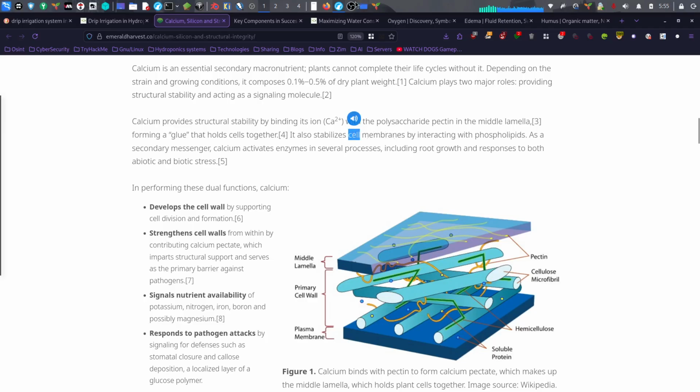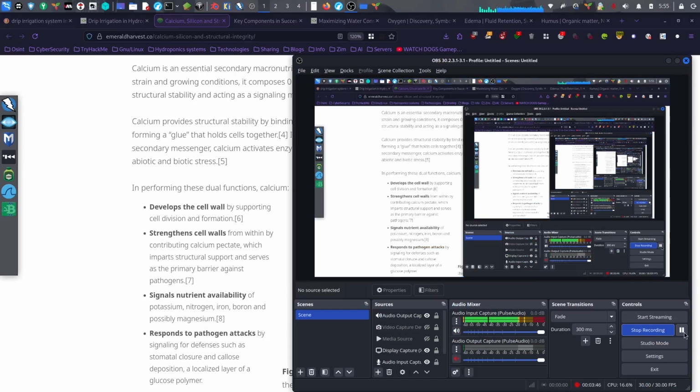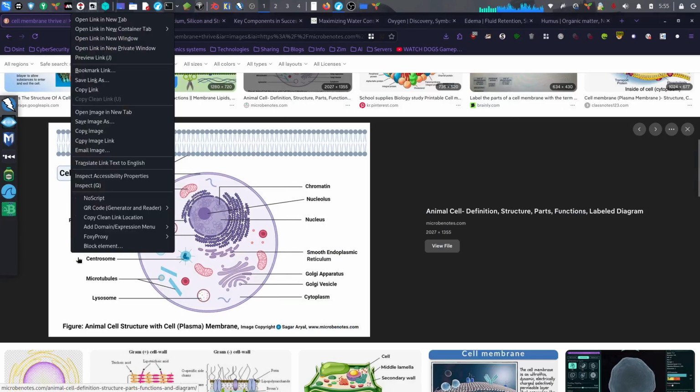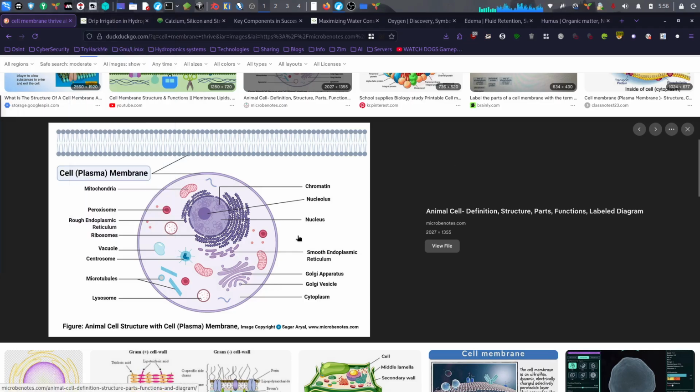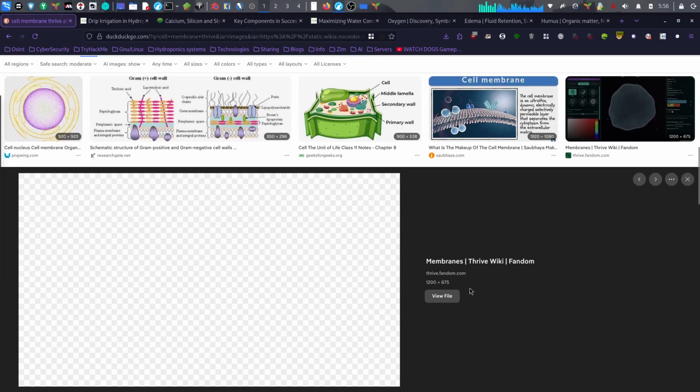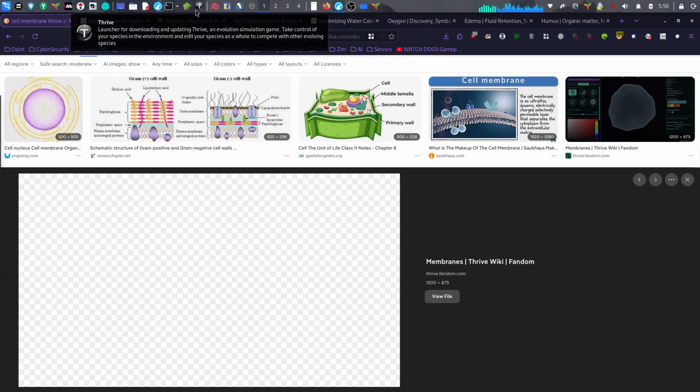Cell membranes, what does this mean? I'll show you. See, these microorganisms like this. I recommend you play the game Thrive.